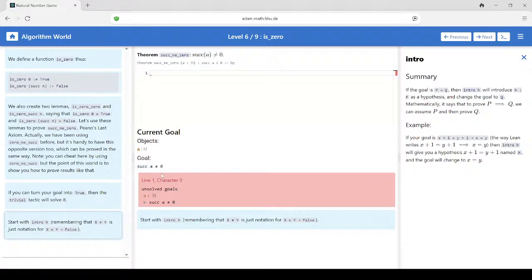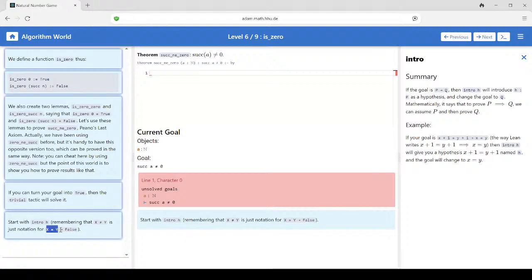So this, which is notation for x equals y implies false, what this would do here is make x equals y our hypothesis, and then false would become our goal, which is a little hard for me to wrap my head around.